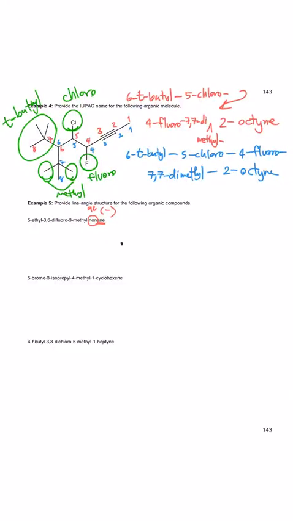So it would be 1, 2, 3, 4, 5, 6, 7, 8, 9. Okay, so total 9 carbons. Then you will need to label these carbons as well, because we are going to attach the substituent groups there. So we are going to label this as 1, 2, 3, 4, 5, 6, 7, 8, 9. Okay, so that would end with "ane" because this is an alkane. Let's take a look at the attachment groups.